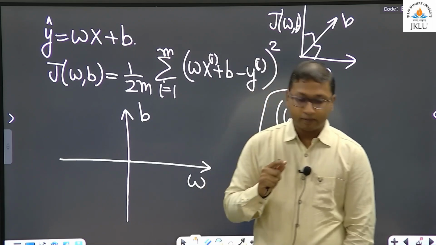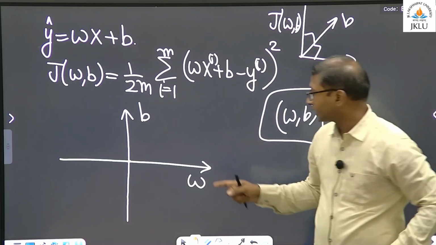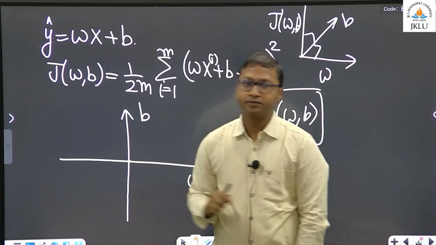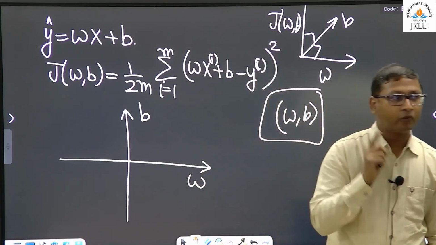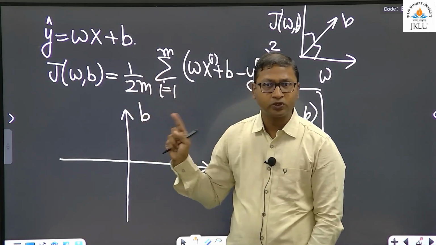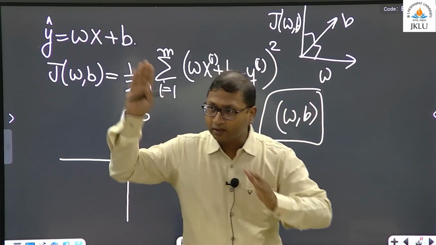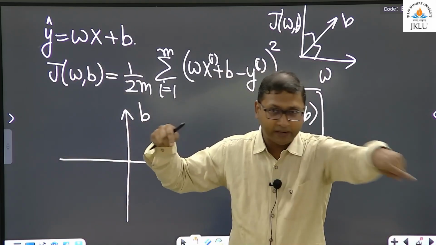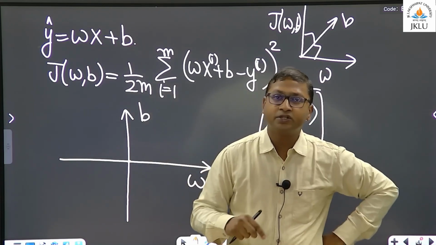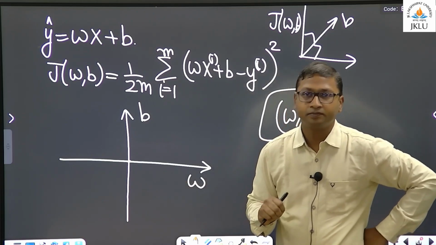Now last time I had asked this question about contours. What are contours in this case? I want everybody to be able to visualize the cost function here. Is everybody able to do that? This is my WB plane. How many points do I have where I can go on this plane?